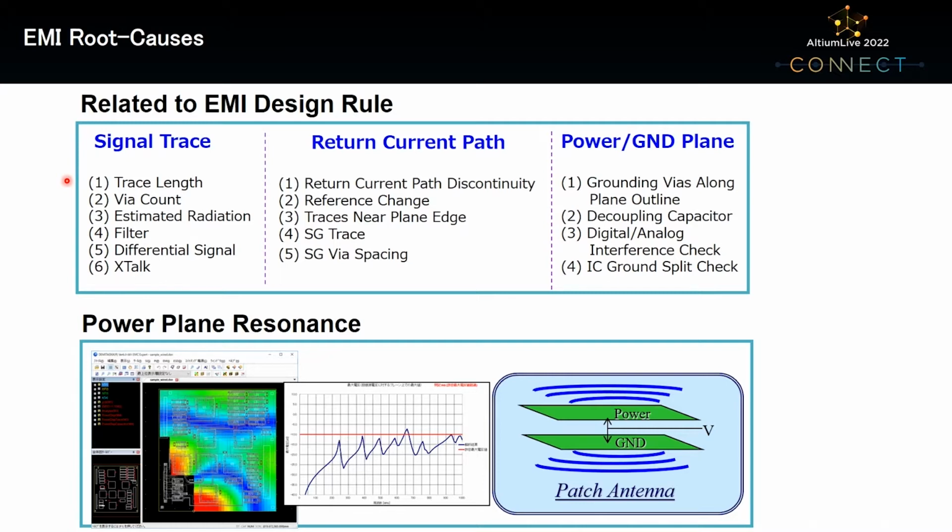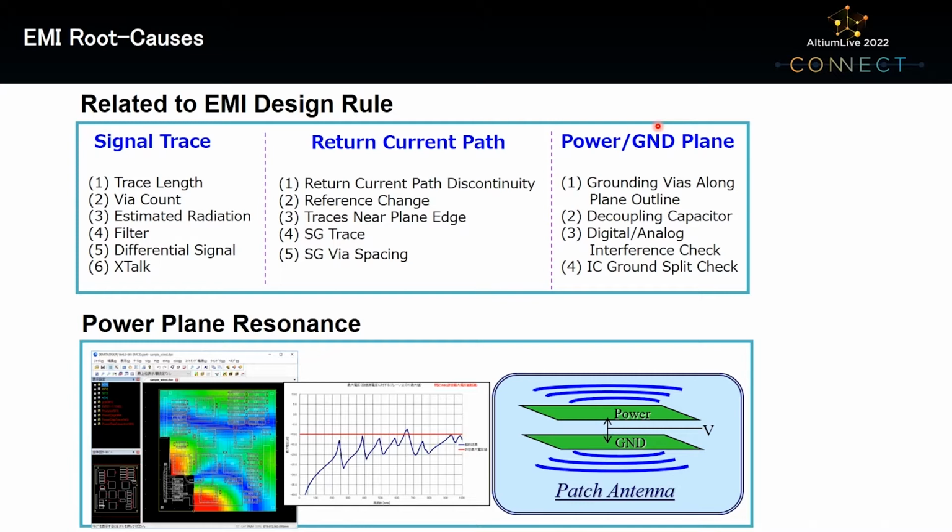Please take a look at the below chart. As for EMI design rules, we classified them into three categories. The first one is related to signal traces. The second one is related to return path discontinuity. And the third one is related to power and ground plane.